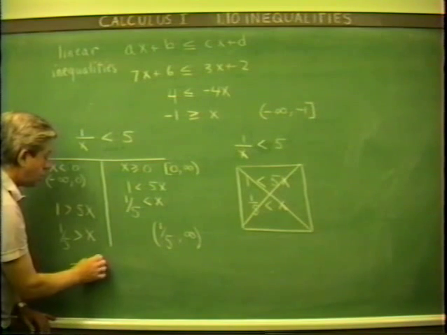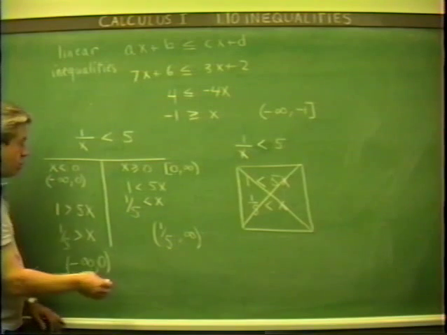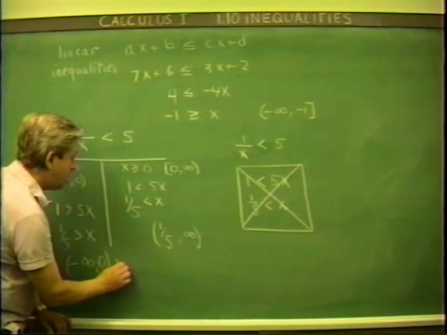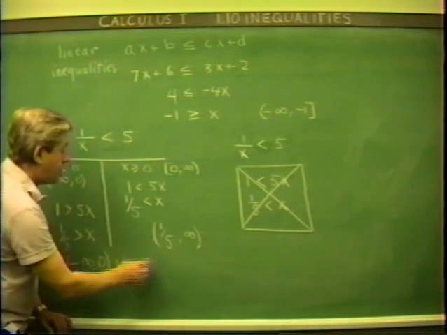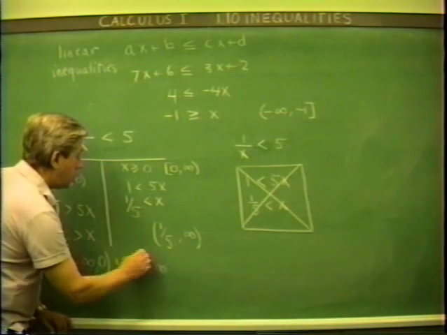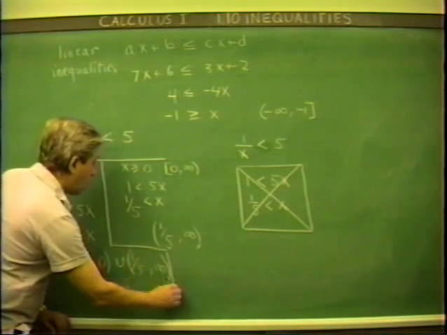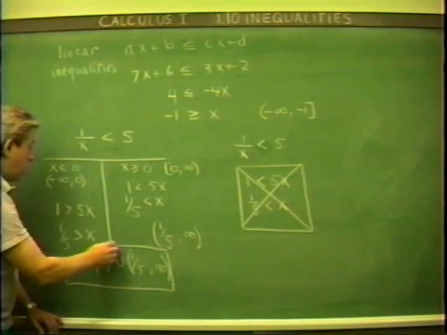And the numbers between minus infinity and 0 which are less than a fifth are all of the numbers between minus infinity and 0. So we get minus infinity to 0 as this part of the solution set. The entire solution set, then, is minus infinity to 0 along with the set 1/5 to infinity.